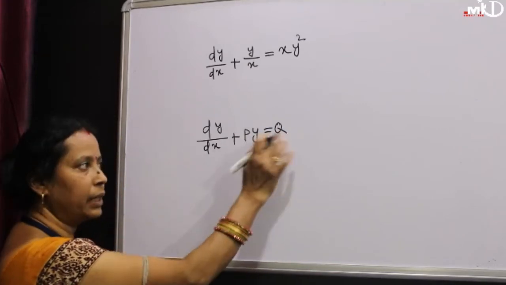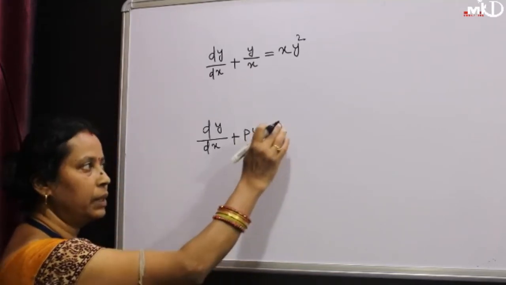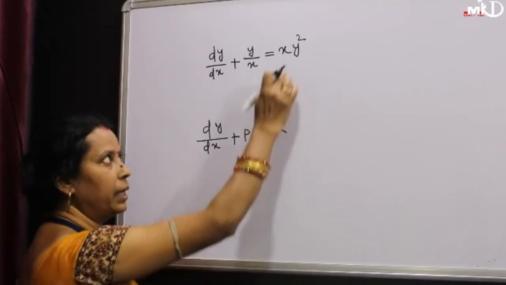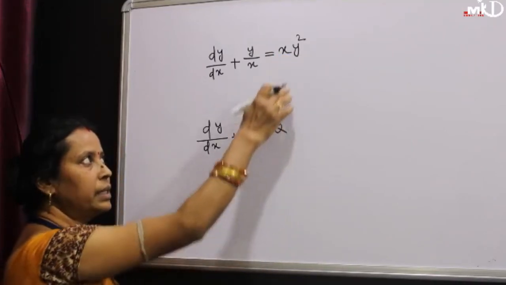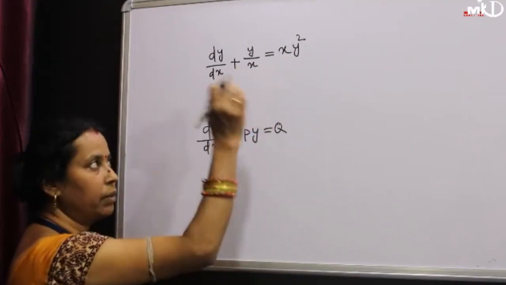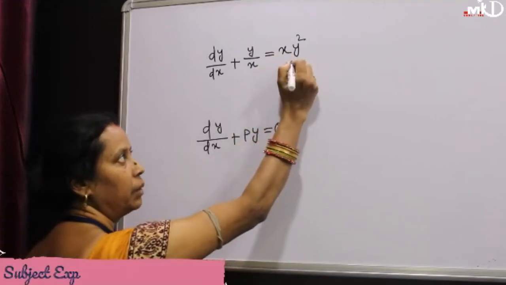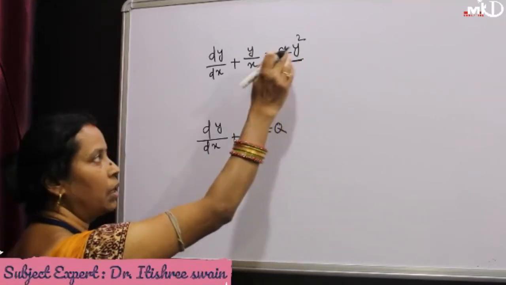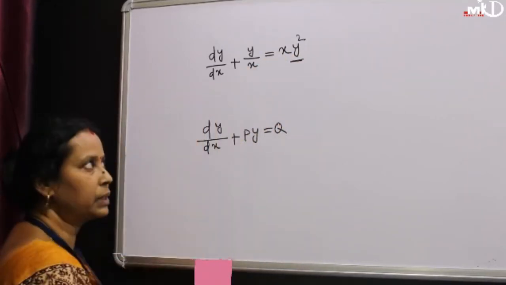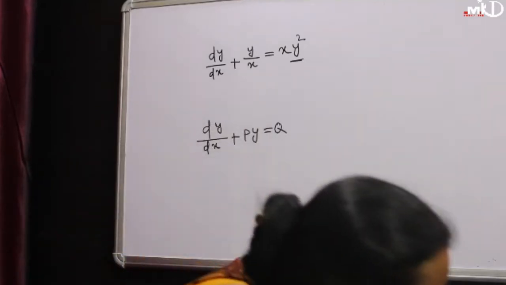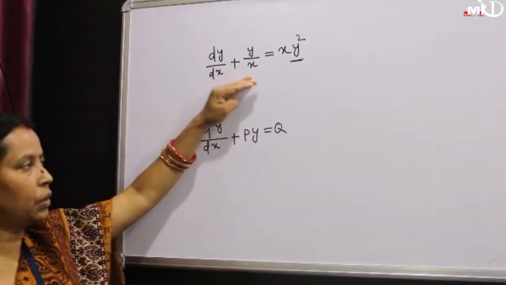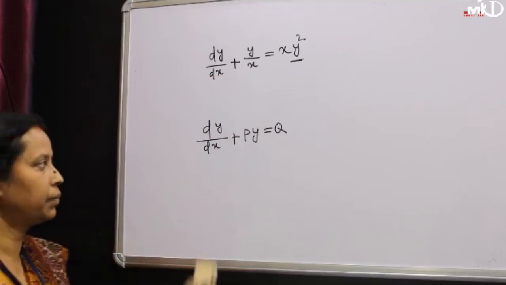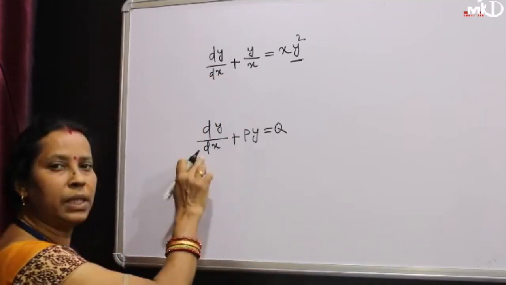Here p and q are functions of x, but whenever we multiply a function of y to q, then this equation is named as a Bernoulli equation. So first we divide by this y function to the differential equation. So our first step is that we reduce this Bernoulli equation to a linear differential equation, that means to this form.